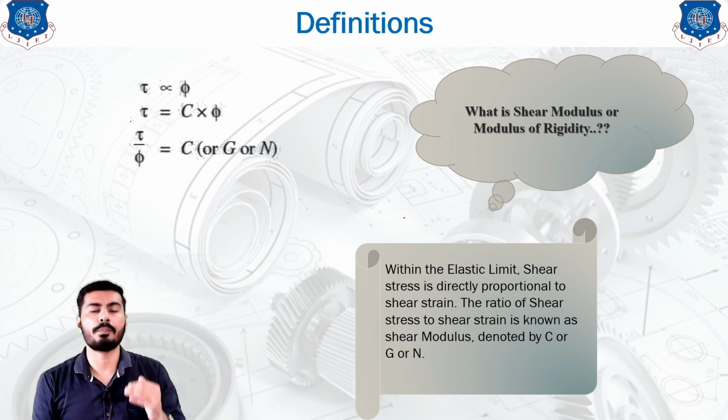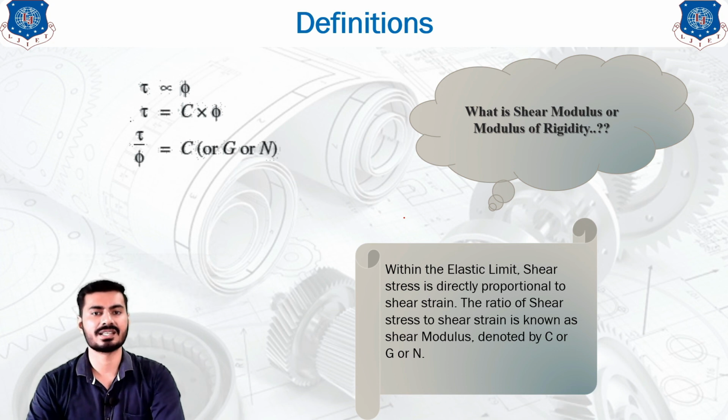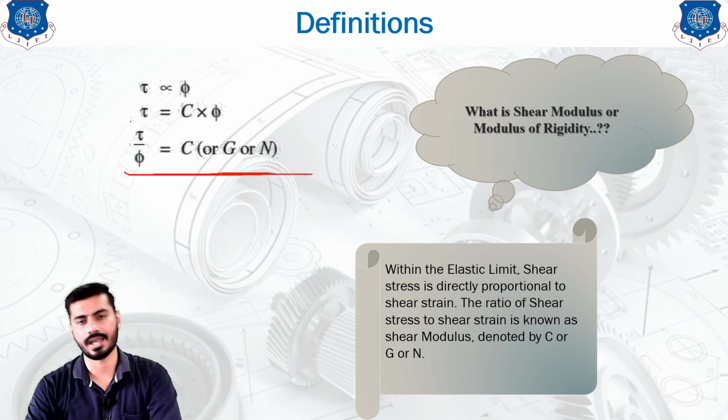So tau upon phi, where phi is the shear strain, is represented as C or G or N.